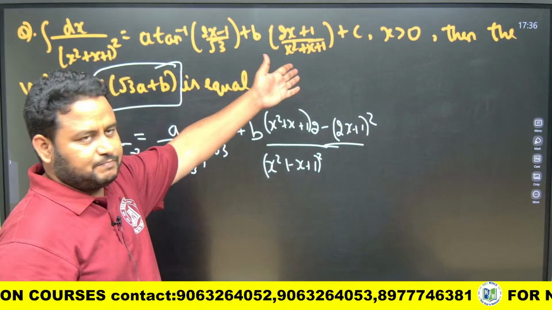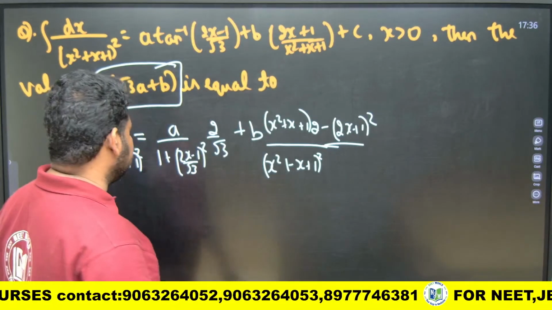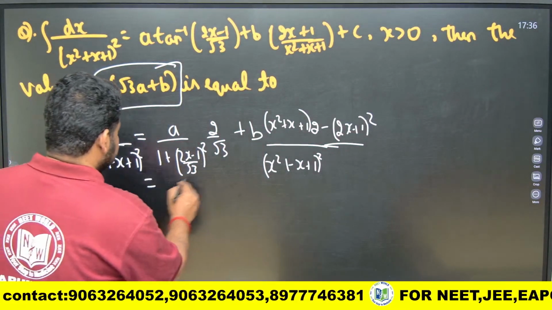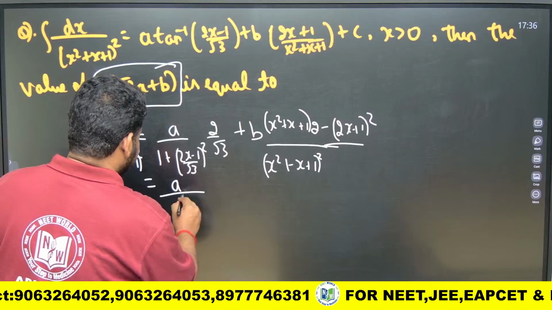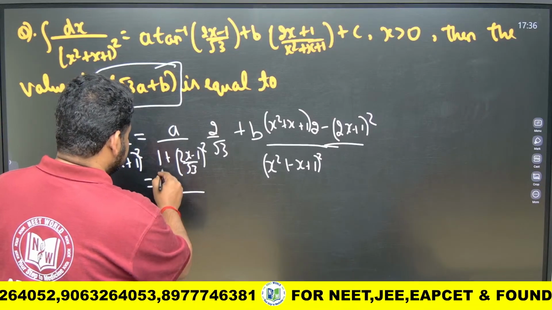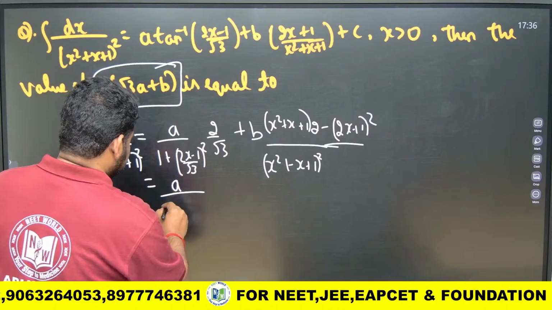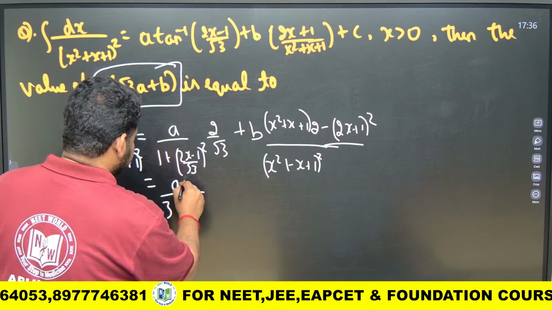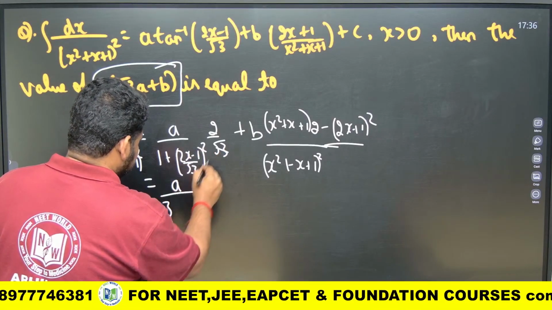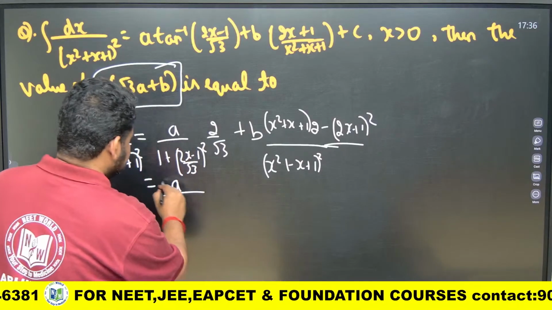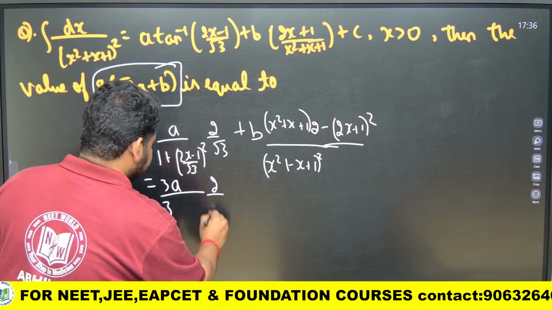Plus c, differentiating it will be equal to 0. If I simplify this, what I will have is a by (root 3 whole square is 3, plus (2x minus 1) whole square).